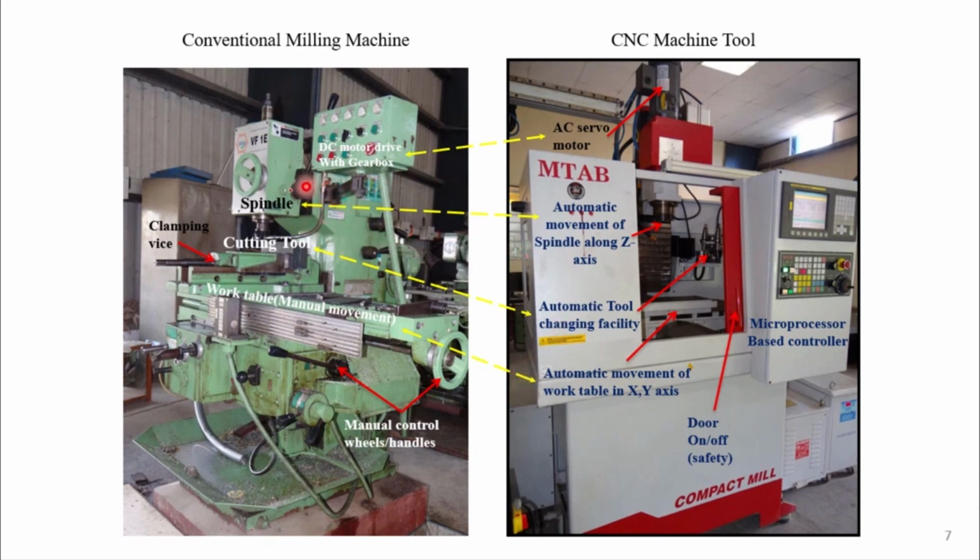We can automate or increase the productivity of a conventional machine tool by providing the automatic tool changing facility. Auxiliary facilities such as coolant on and coolant off can all be automated, and these are automated by CNC technology.